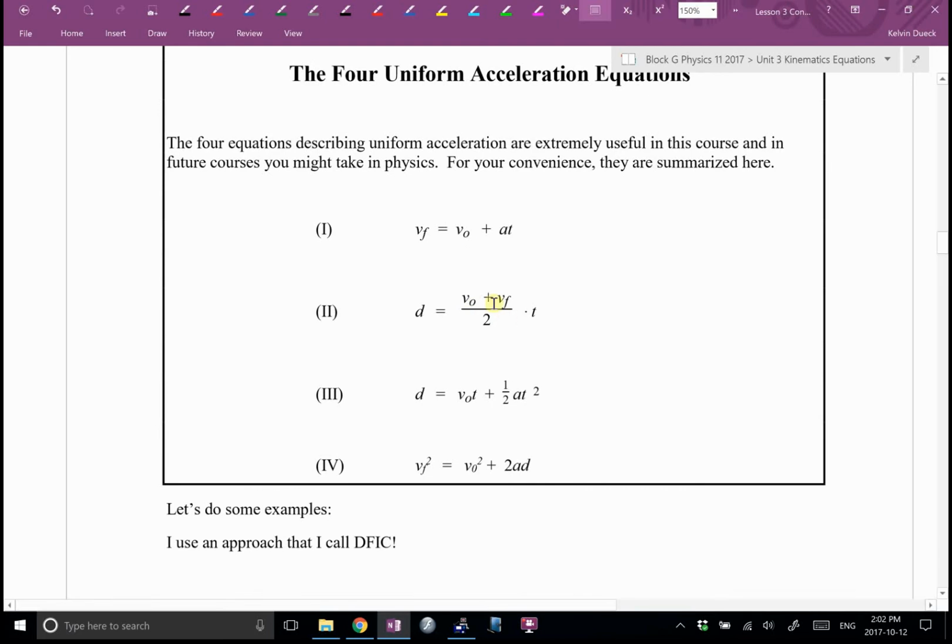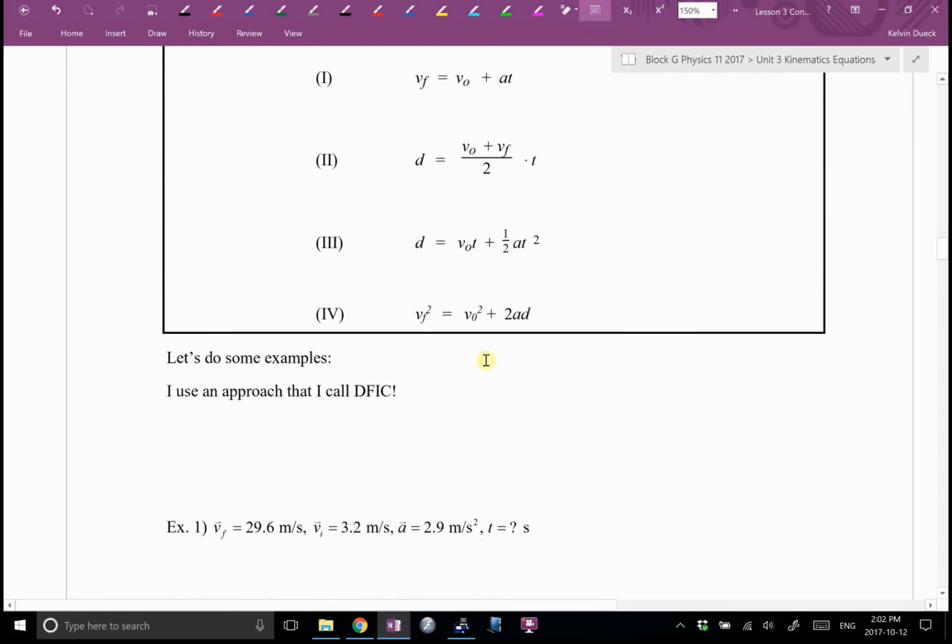So you might see it written this way, V naught plus VF, V naught T. I'll use VI and VF all year long, but I can't guarantee that every handout that I grab from the internet or every graphic that you come across won't use an I and an F. It might use an I and nothing. So, these are the four equations, and from this, we can generate more. We're going to start out today with numbers only, and then we're going to move into quote-unquote word problems next lesson. I use an approach that I call DFIC.